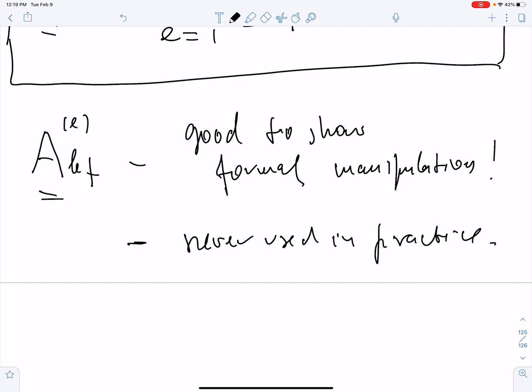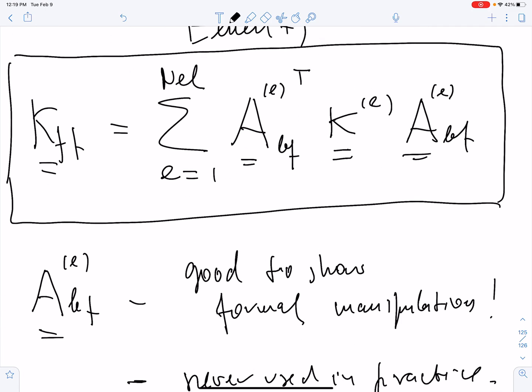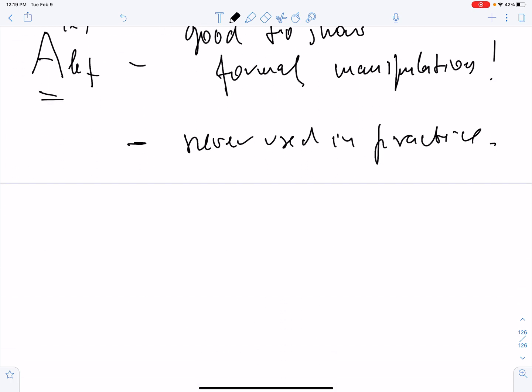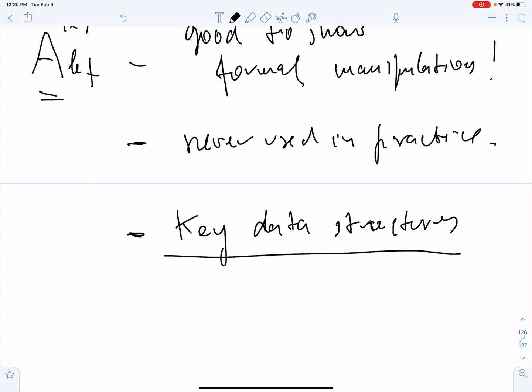Which means that rather than using ABFs explicitly, you need something else, and this something else would lead to some of the key data structures that are used in structural analysis that I will present at the next lecture.